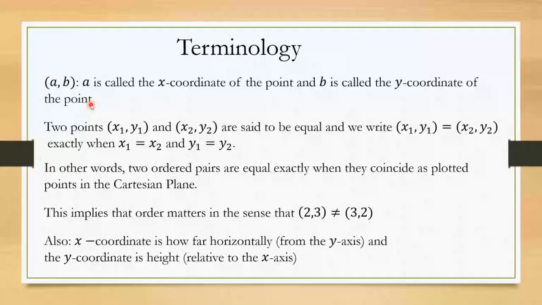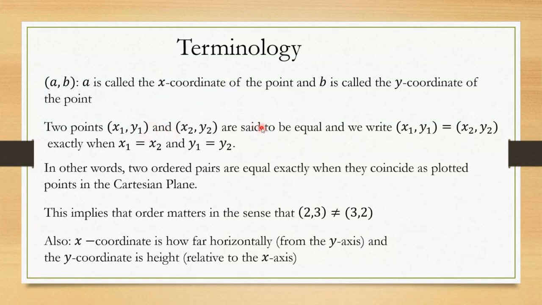Okay. By definition, 2 ordered pairs of numbers are equal, and we write this exactly when their x-coordinates are the same and their y-coordinates are the same. So 2 points are the same exactly when their x-coordinates are the same and their y-coordinates are the same.